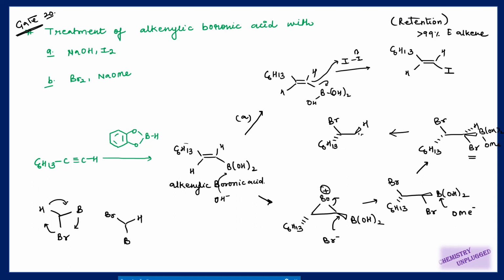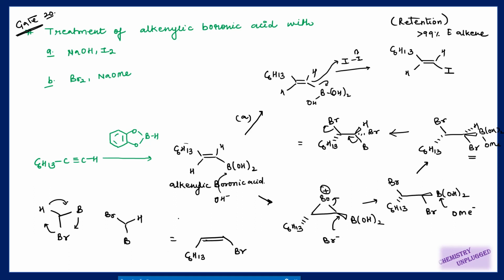H will come above the plane, bromine will go below the plane, and this boron part will come on the opposite side of the bromine. So we can easily do anti-elimination. When we do the anti-elimination, the final product I am writing down here. This hexyl group and this bromine are on the same side, and when they are on the same side, we get a Z alkene product.